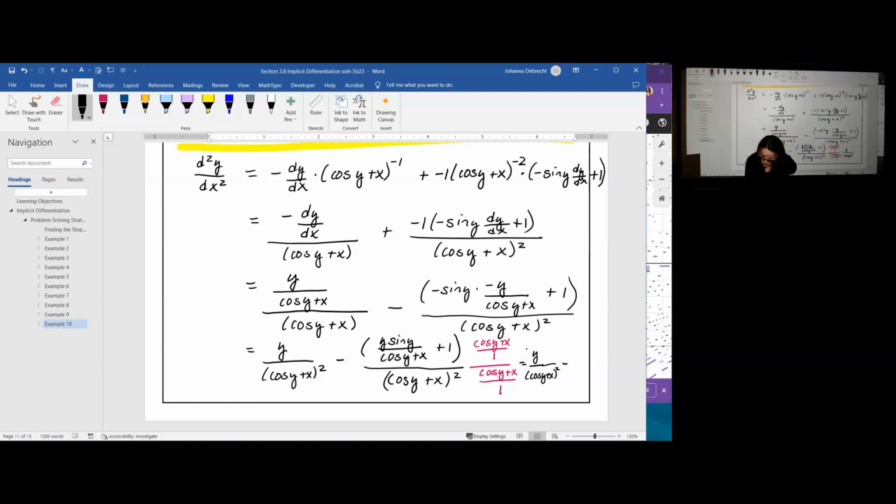So for the next one, I would have y sine y plus cosine y plus x, all divided by cosine y plus x to the third in the denominator. Kind of ran out of room there. All right. I hope this is making sense to you and that you can understand how to do these particular types of problems.